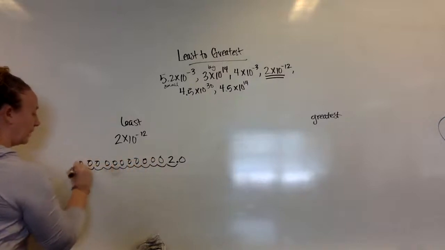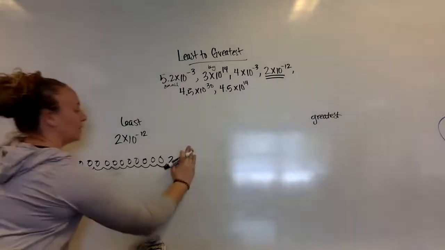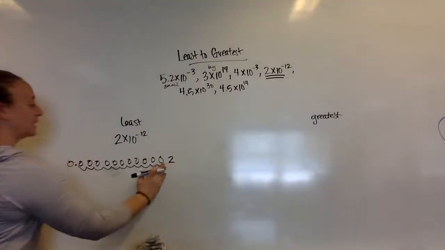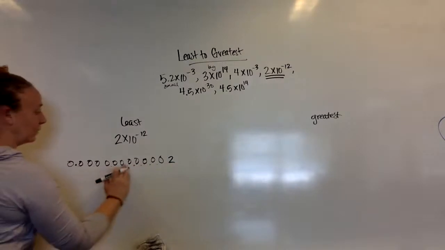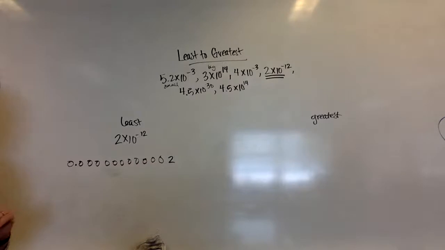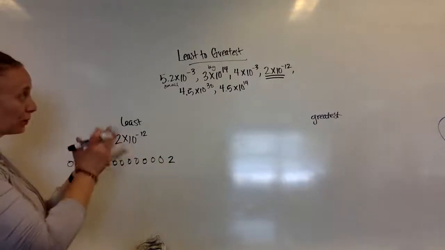When I get to the end of my line, I'm putting a decimal point and even adding another 0. So this number, 2 times 10 to the negative 12, is a tiny value with a lot of zeros. That's beyond microscopic. If we're talking about a bacteria or whatever else, this is super light, super tiny.